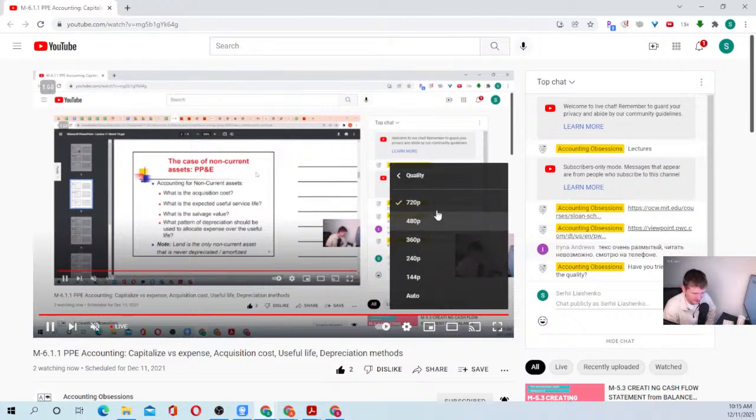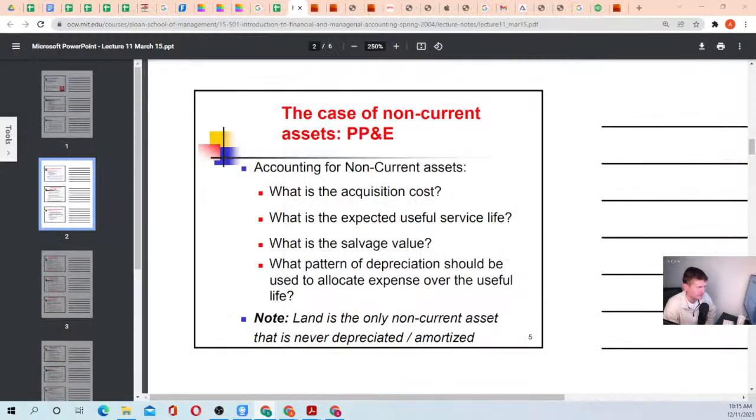You can try to adjust it to the maximum possible. It might also be the case with your internet connection. If you're trying to access the lecture from cellular internet instead of Wi-Fi, it might be a bit challenging in terms of quality.